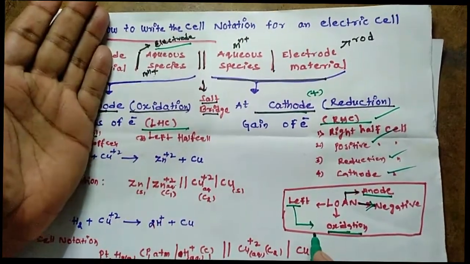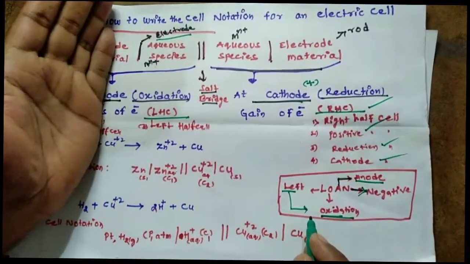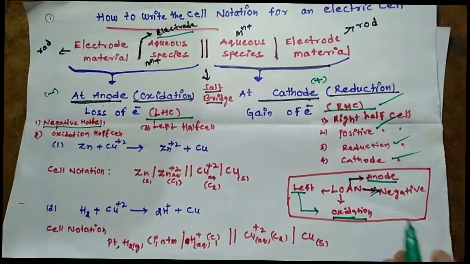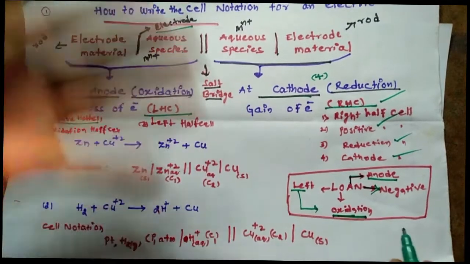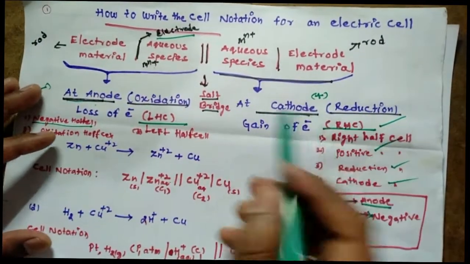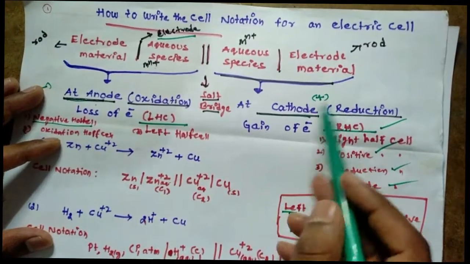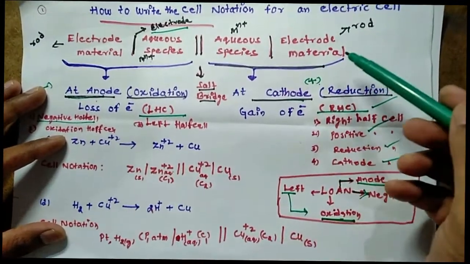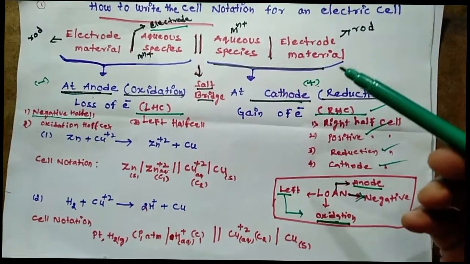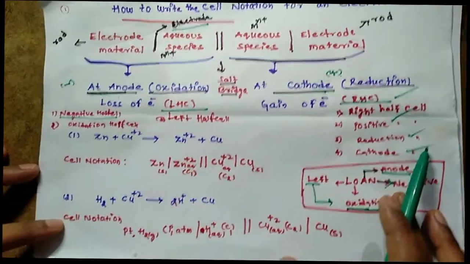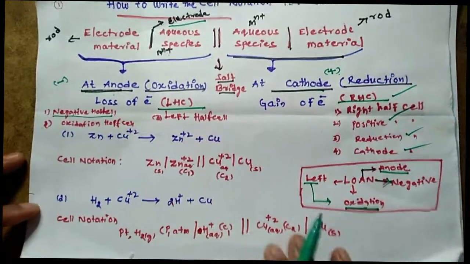Oxidation occurs due to the loss of electrons. Next, automatically you can write the right hand side, that is the cathode, which is plus, and there reduction occurs, and it has positive charge.